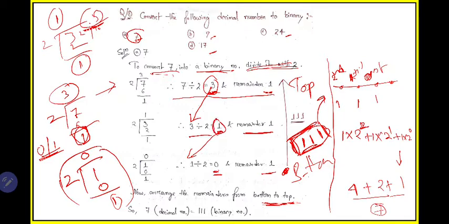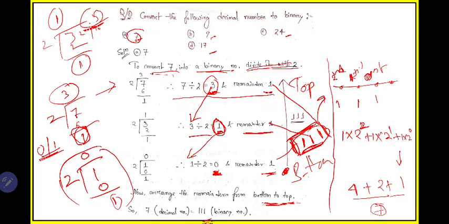Then divide this answer again, because it is not 0, unless you are getting 0. In this step we got the answer 0 and the remainder was 1. As the answer is 0, no need to divide again, okay. Then write from bottom to top. So the first number is 1, the second is 1, the third is also 1. So our answer is 111, okay.